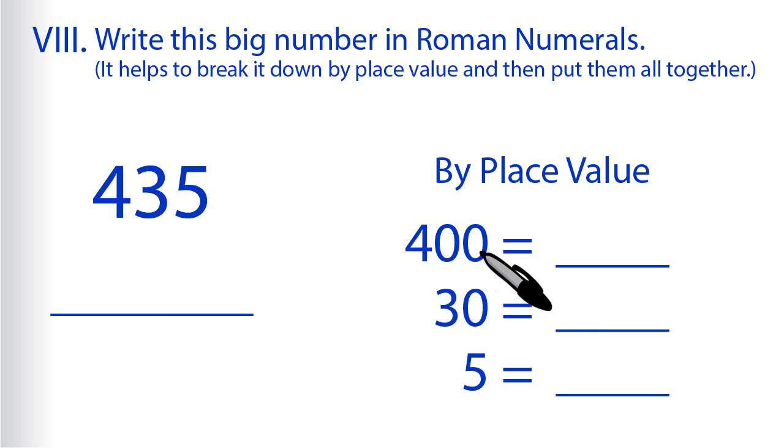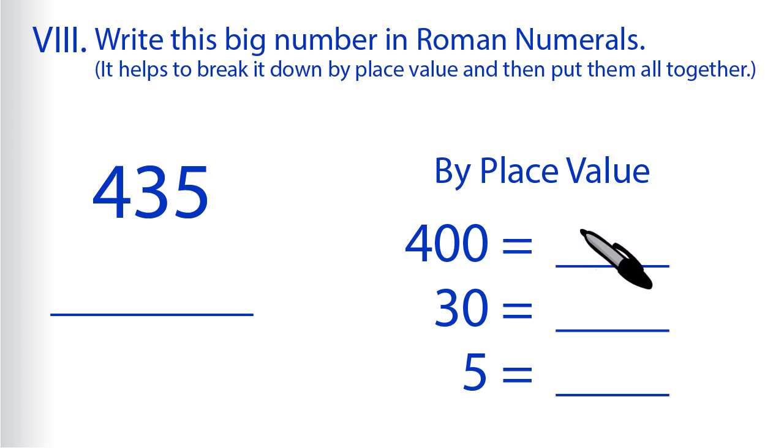So for 400, remember we can't just repeat the letter C 4 times because it's not allowed to repeat a symbol more than 3 times. So we need to subtract from the next highest value, which is 500. So we need to subtract 100 from 500 to get the 400.